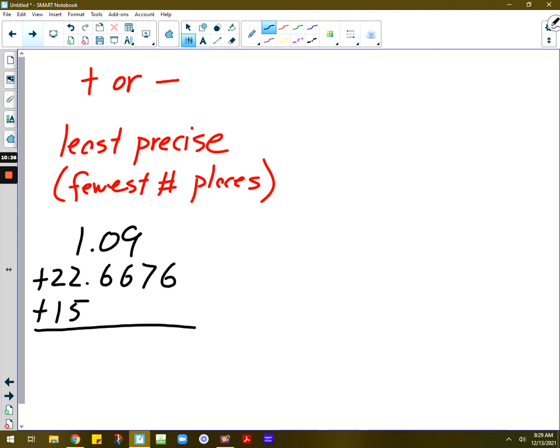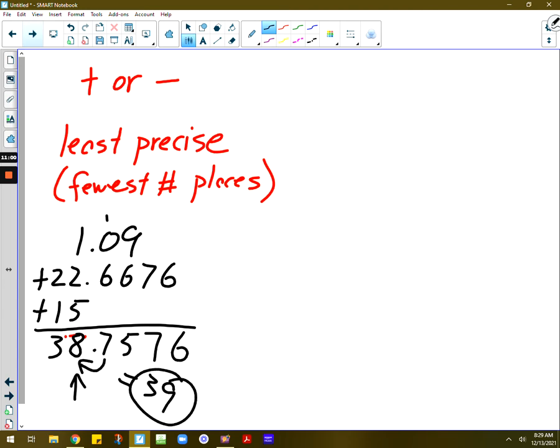The 15. It only comes out to the ones place here. So my answer, even after I add that all up in my calculator, is going to get rounded to that ones place. 6, 7, 9, 6, 15, 31, 7, so 5, 6, 7, 8. So 38.7576. I'm going to round that, so I would report that as 39.